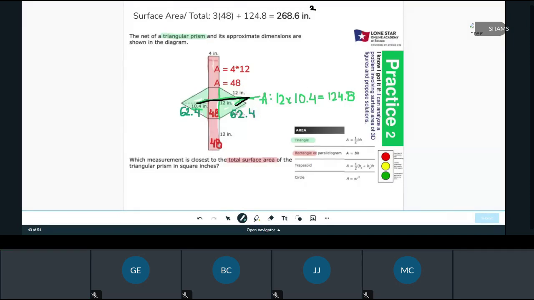Where did you guys go wrong? Yes, Macy. And there are 3 48s, remember? Because there are three rectangles. 1, 2, 3, keep that in mind, and then two 62.4s.